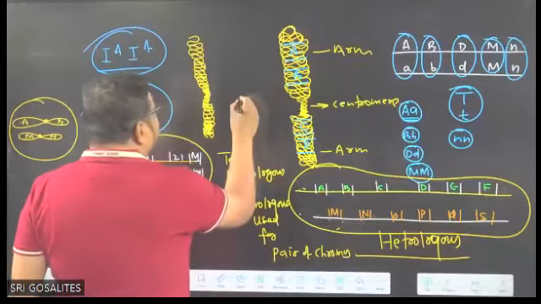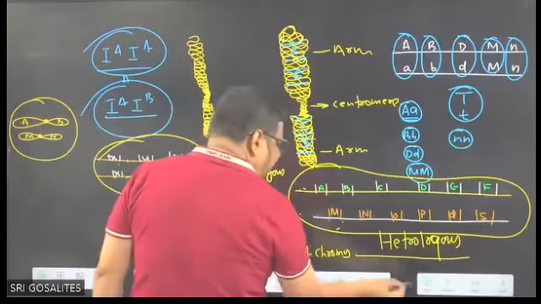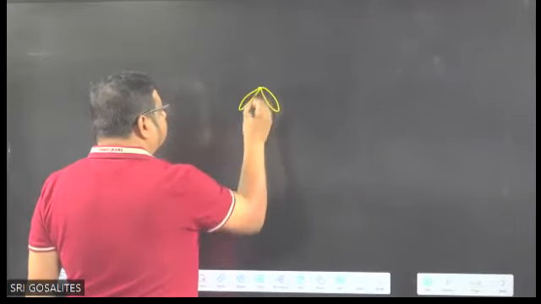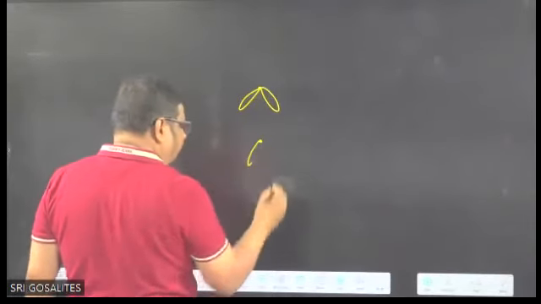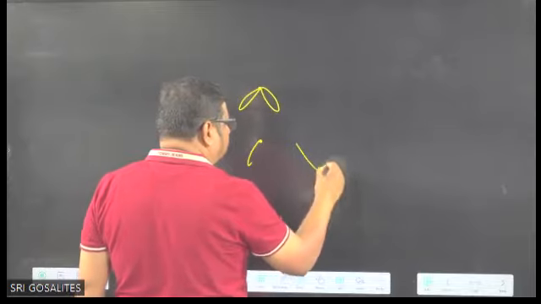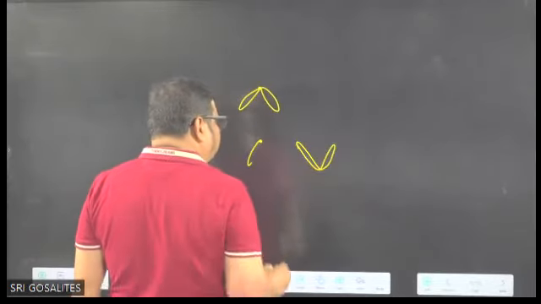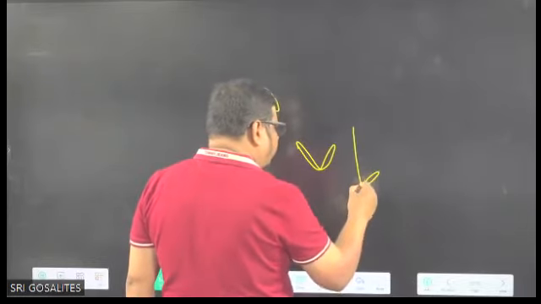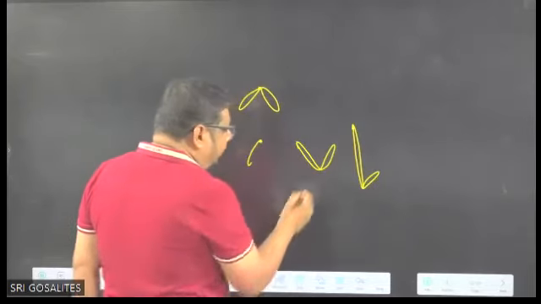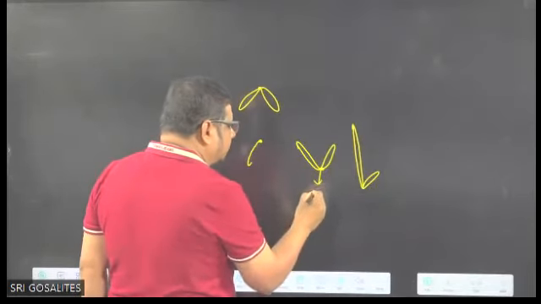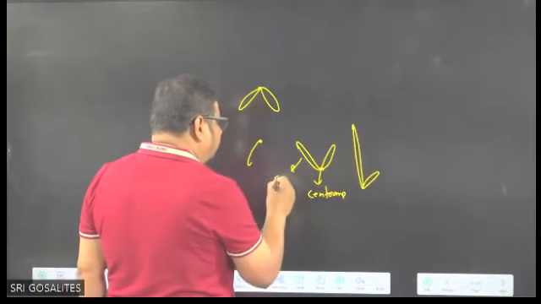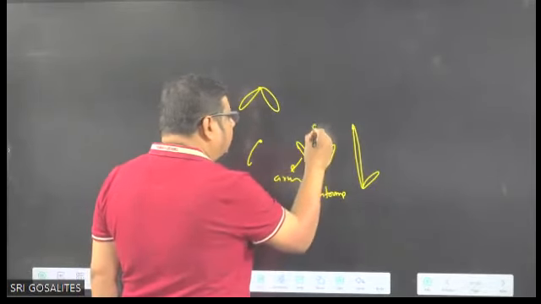Shape means what? Shape means it is like this. A chromosome is there. Just have a look. Right? Here it is a centromere, and these are arms. This is the second arm.